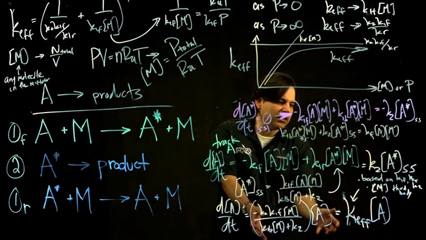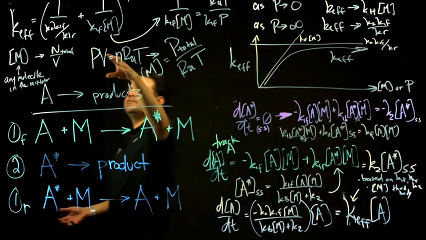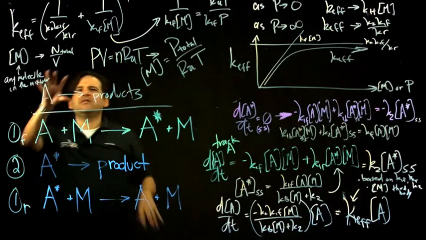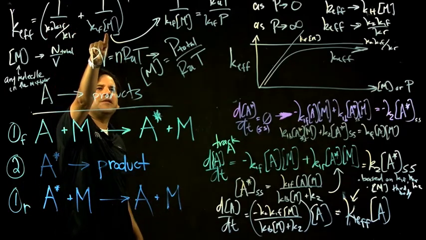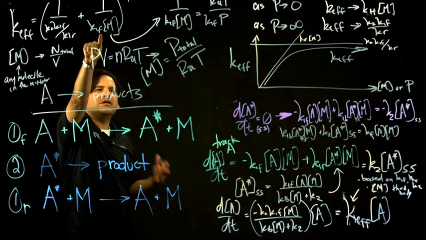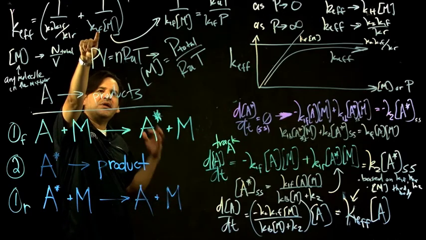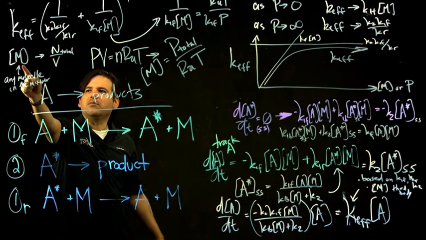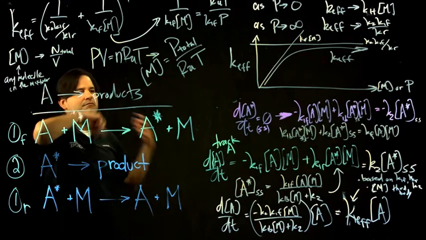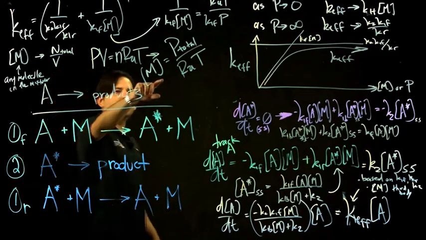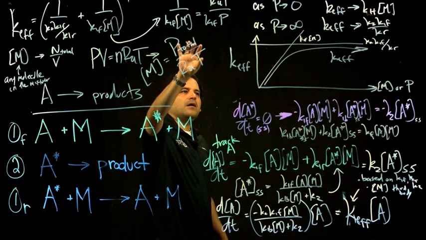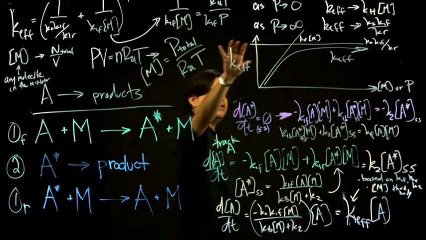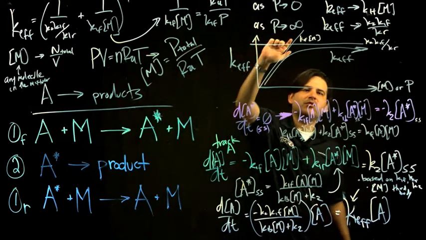Rearranging the algebra, you get an expression like this because there's a third body dependence, because it depends on the collision partners. That number of collisions depends on the number of partners you have, the number density. By the ideal gas equation, the number density depends on the pressure and temperature. So we can write these limiting cases as a function of pressure.